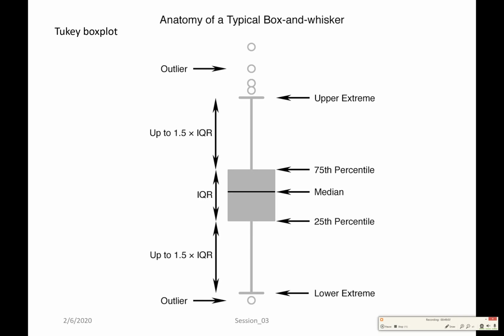If you take the interquartile range, multiply it by 1.5, and add it, that'll give you the upper limit or upper extreme. If you multiply this space here by 1.5, the interquartile range, and subtract it, that gives you the lower extreme.